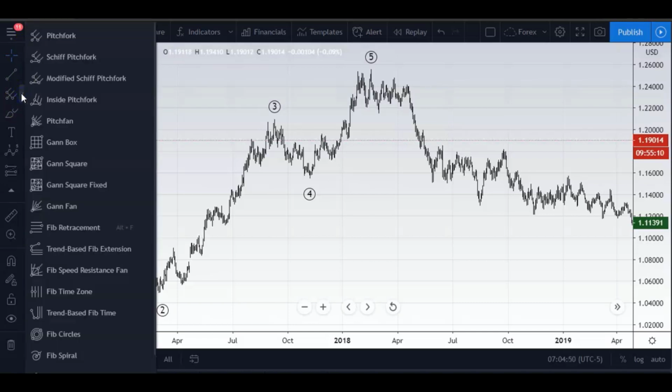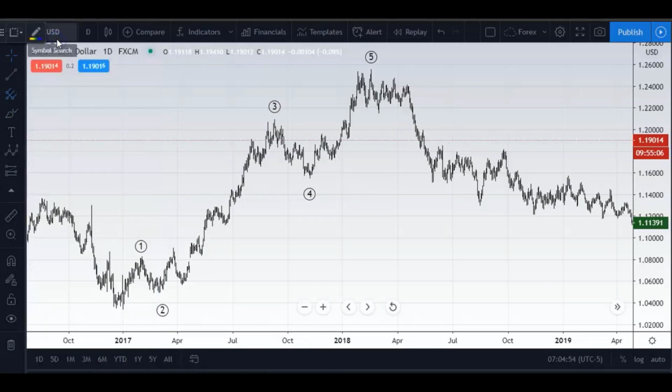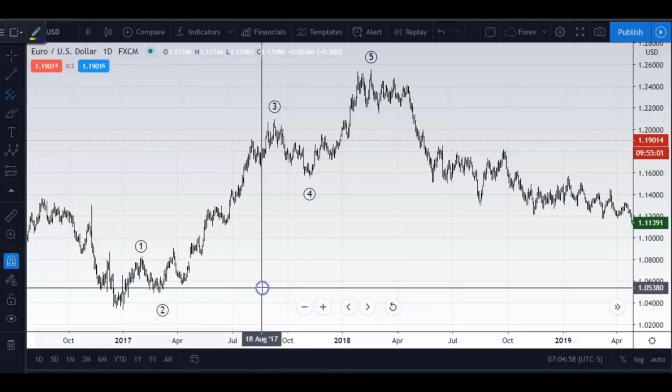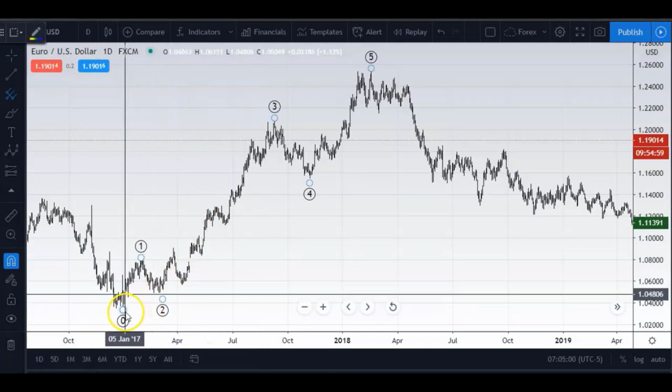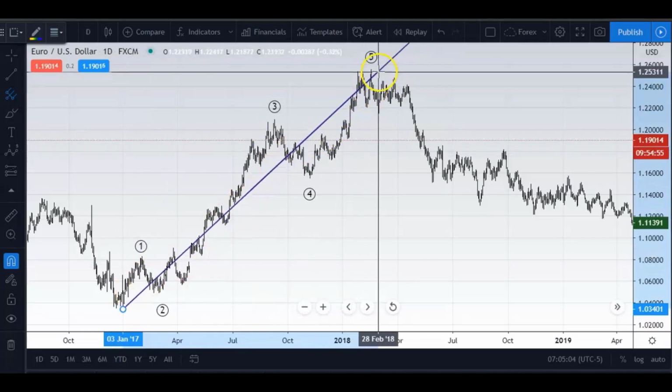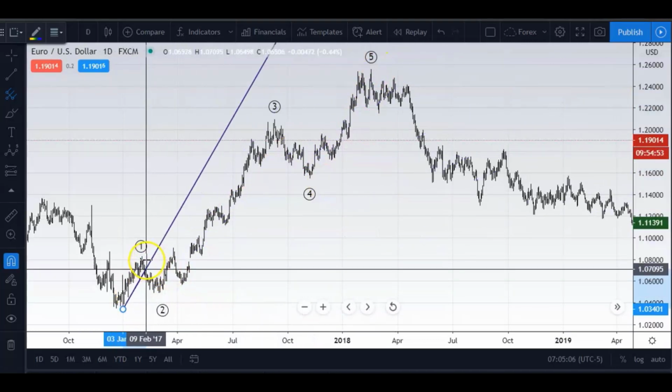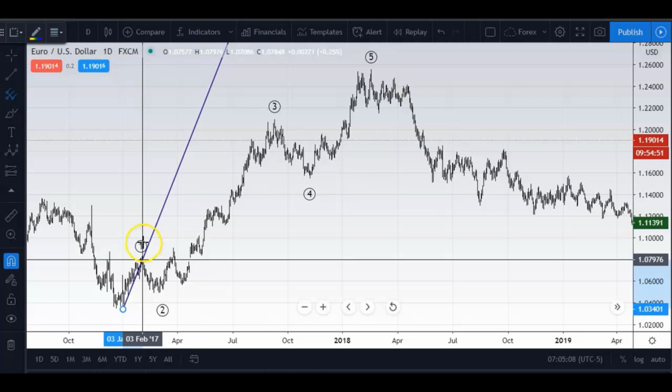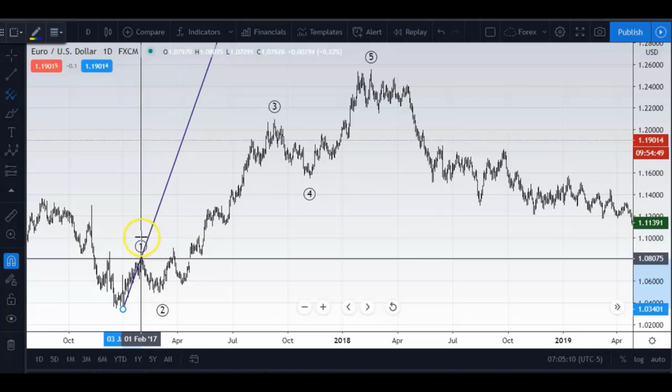You might be using MetaTrader, NinjaTrader, whatever your platform might be, but in any case, if we start with a standard pitchfork, you need to select 3 pivots or anchor points on the chart. So there was obviously the origin of this move to the upside. If you then go to your first higher high, just find that properly.